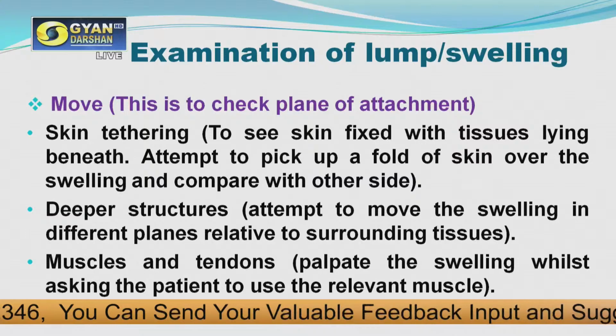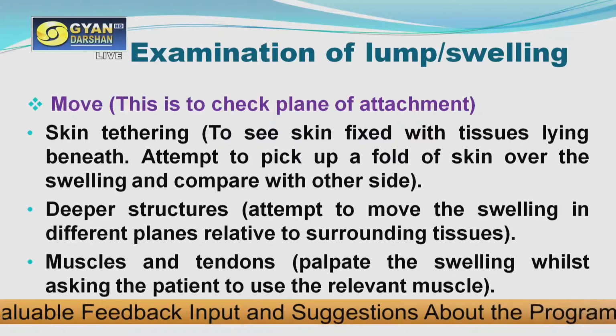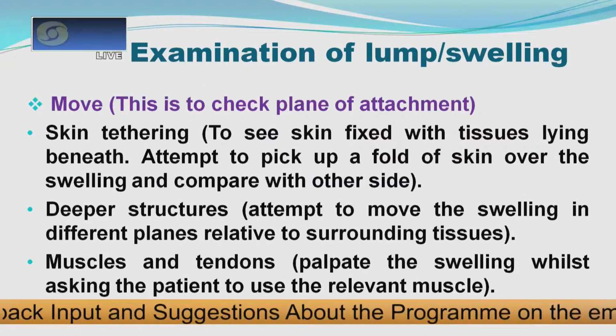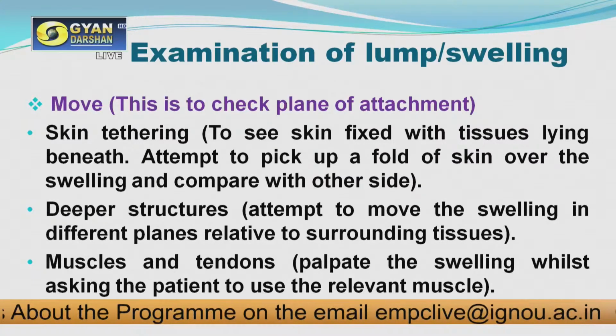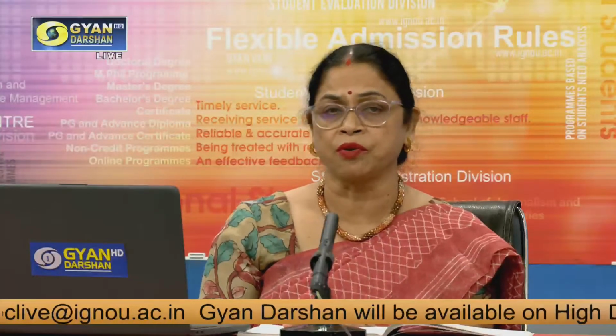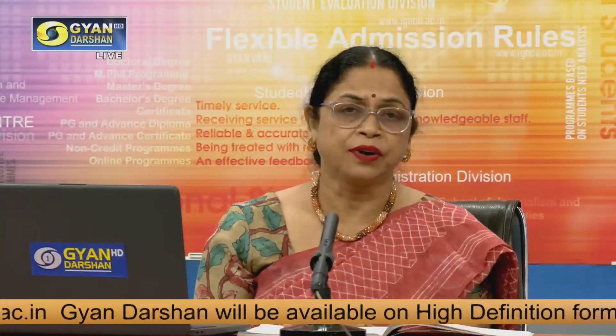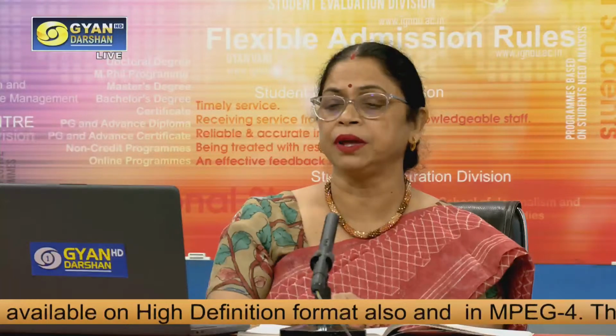You try to pick up a fold of the skin over the swelling and compare with the other side. You compare whether a similar kind of feeling is there on the other side also or not, or whether it is different over the lump and on the other side it is different. So that can be seen.